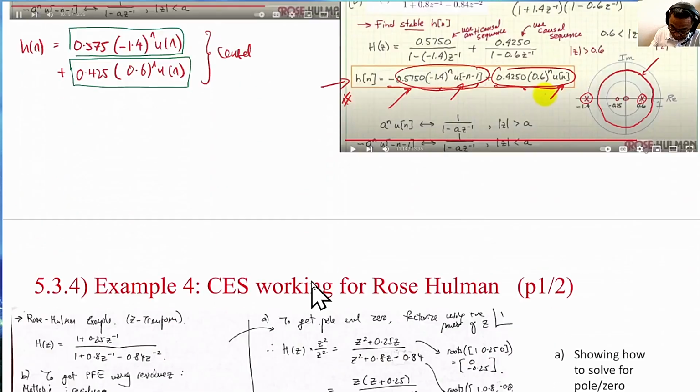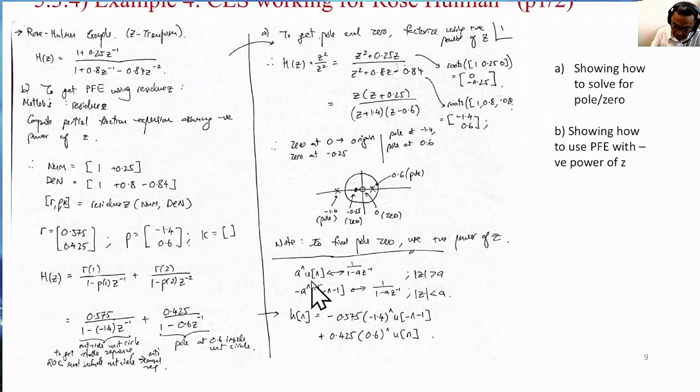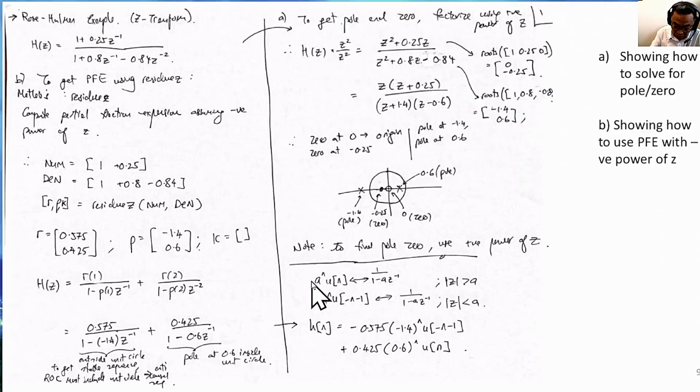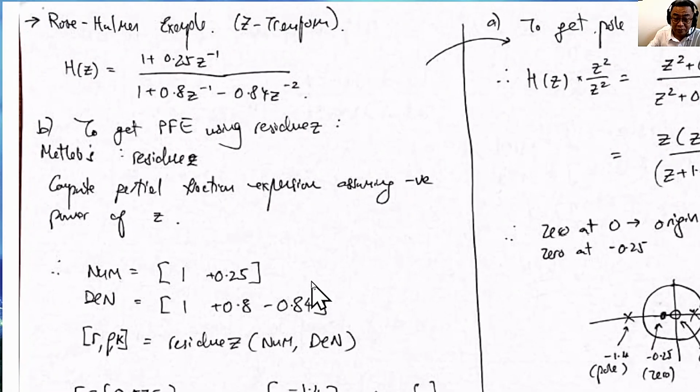Alright, I'll show you my working. So in this example, this is my working, and again I use MATLAB just to verify, and again I'm going to use residuez over here. In residuez, you realize that I must express my vectors representing the coefficients of the numerator and the denominator as negative powers of z.